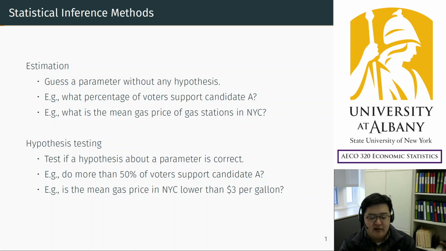Then to answer those questions, we collect data and see if the statements are consistent with data or not. So hypothesis testing has a little bit of a strange structure. It is different from estimation, and the hypothesis testing method can be unnatural or sometimes counterintuitive.